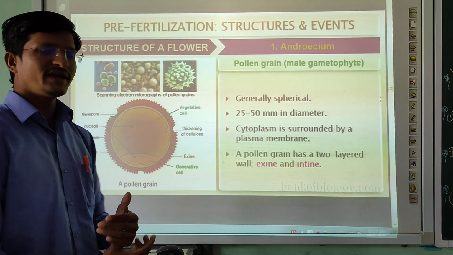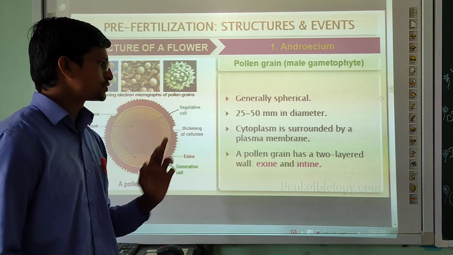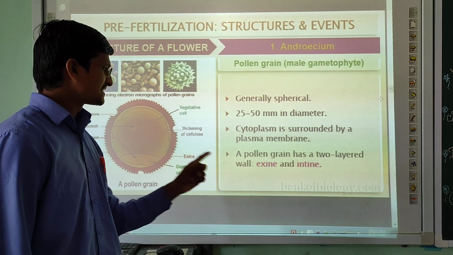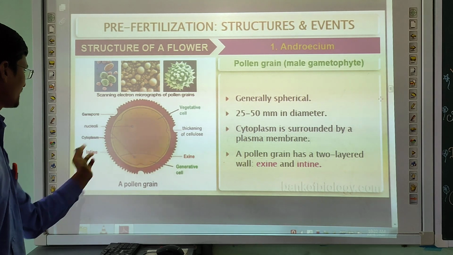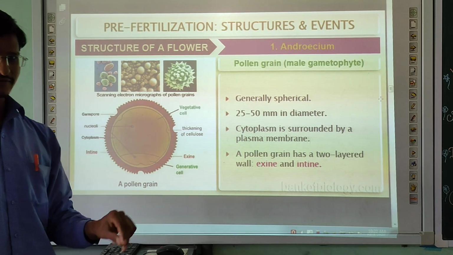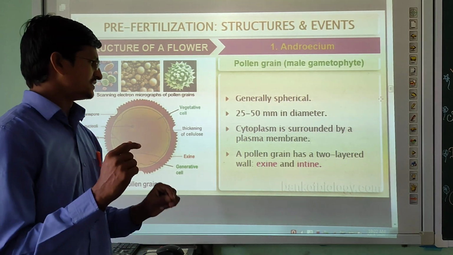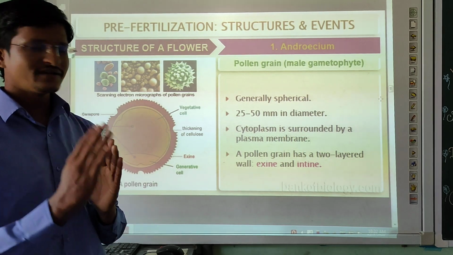The pollen grain has 2 layers, that is exine and intine. Exine is outside, intine is somewhat inside.